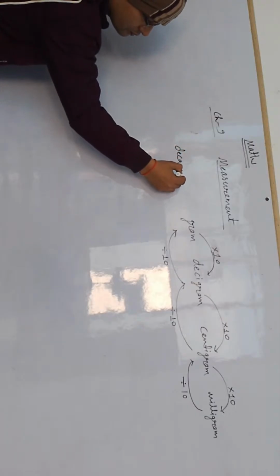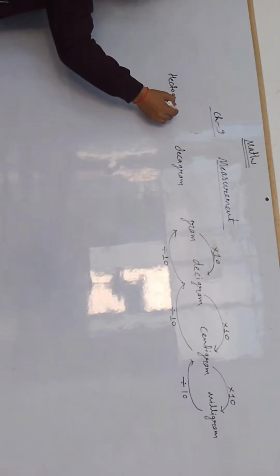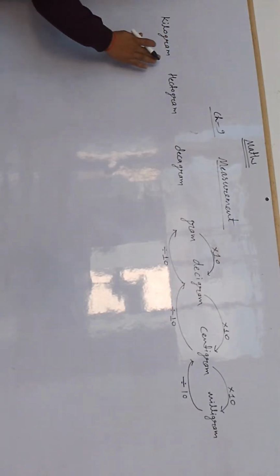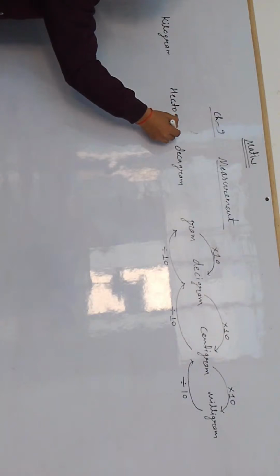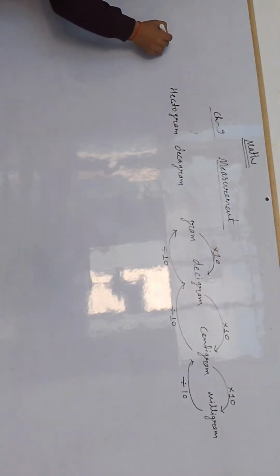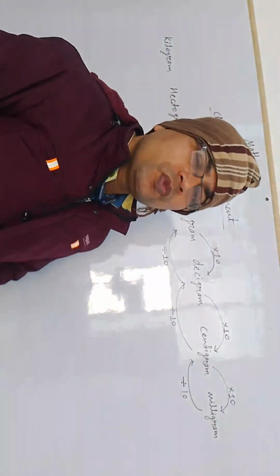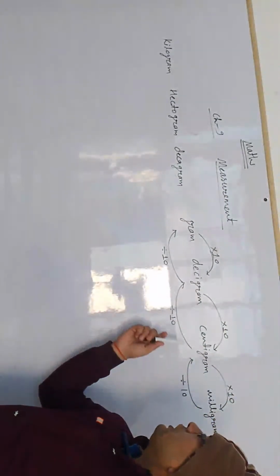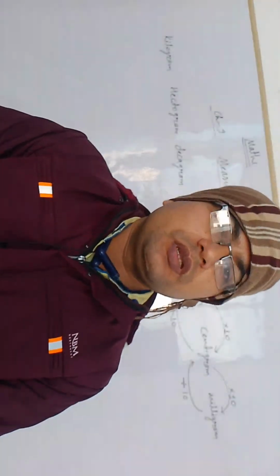Decagram, hectogram and kilogram. Kilogram, hectogram and decagram are bigger units of measuring the weight. And decigram, centigram and milligram are smaller units of measuring the weight.